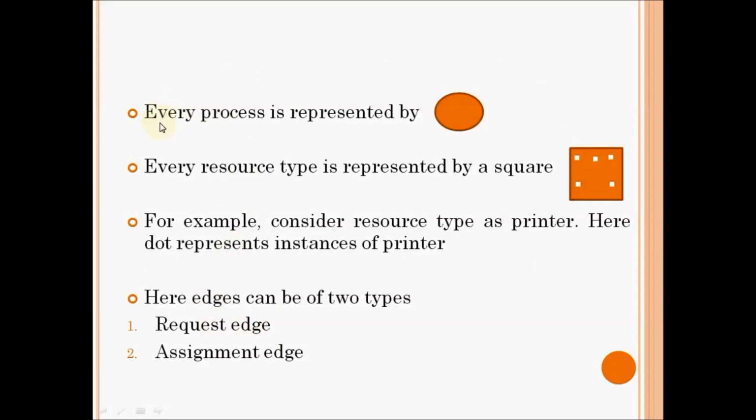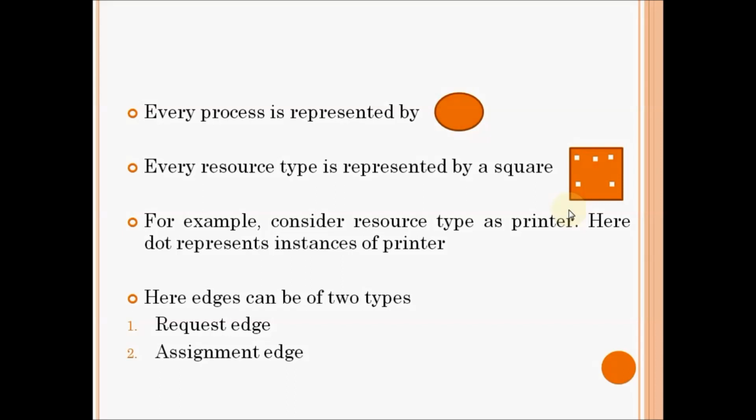Every process is represented by a circle, and every resource type is represented by a square. So every resource allocation graph contains vertices and edges, and vertices are of two types: process and resource type. A process is represented by a circle, a resource type is represented by a square.